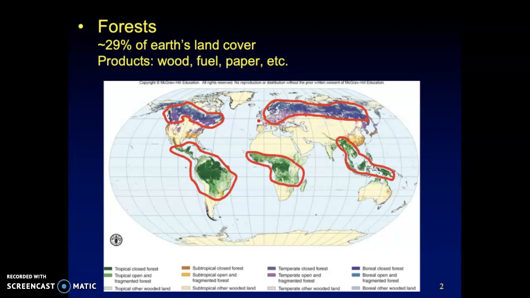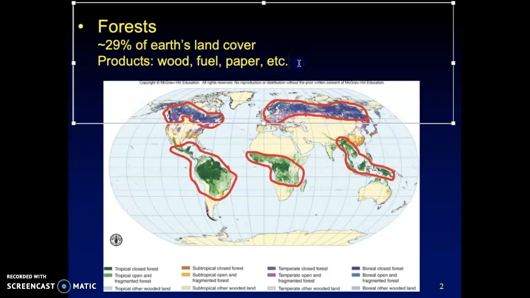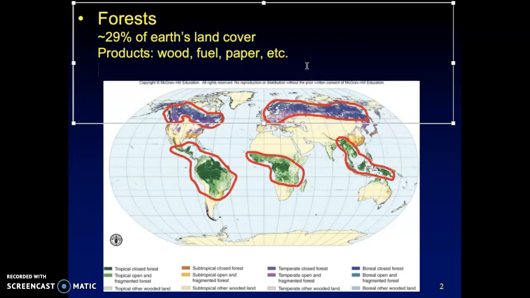Huge producers. We also want to add, when we talk about products, those are the tangible things that we can derive from a forest. You know, we can make money off of that. But what about the intangible, the indirect things from a forest? Carbon dioxide sink, water cycle, climate regulation, etc. Let's just put the big etc. here.